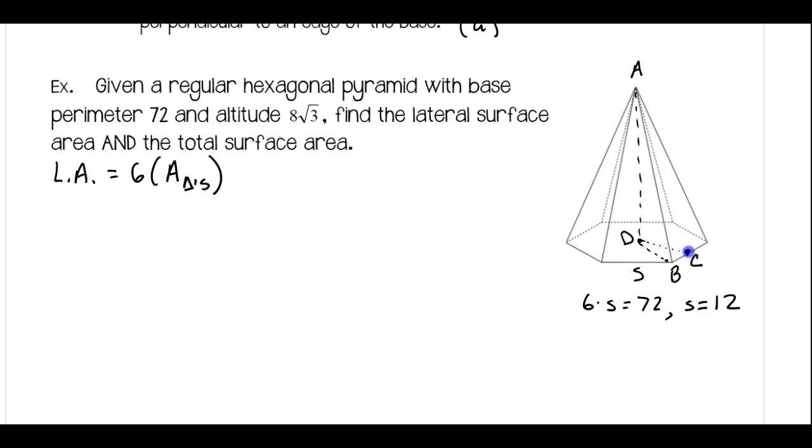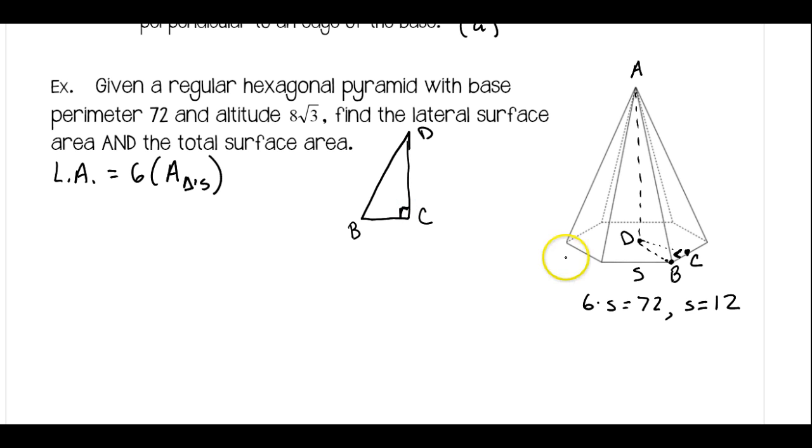So there's B and C. It's kind of hard to tell in here, but the right angle is right over here. So if I look at that little triangle there, I'm going to redraw it out here. That would be D, and this would be C, and that would be B. And here's my right angle, because that's my apothem.